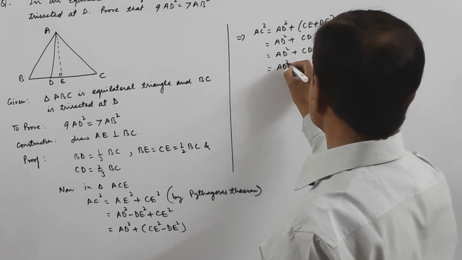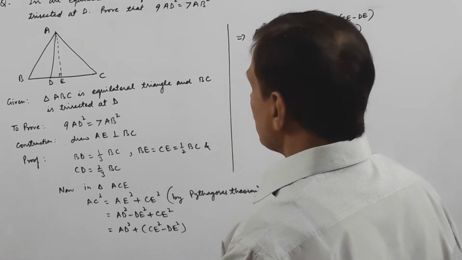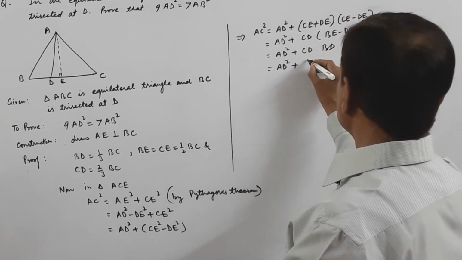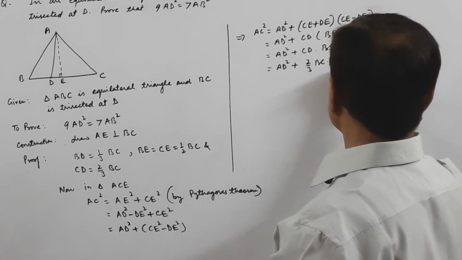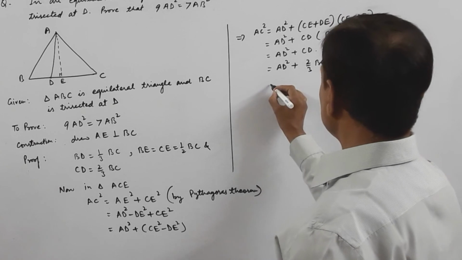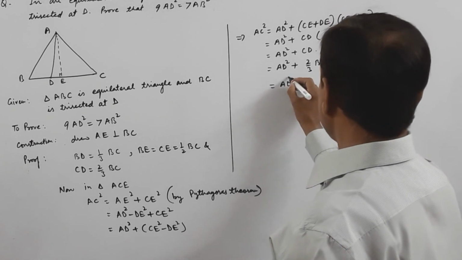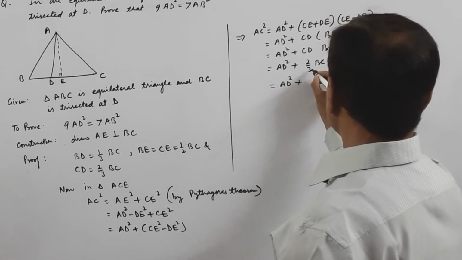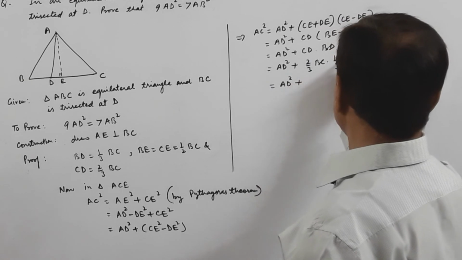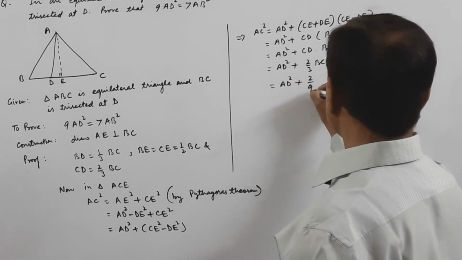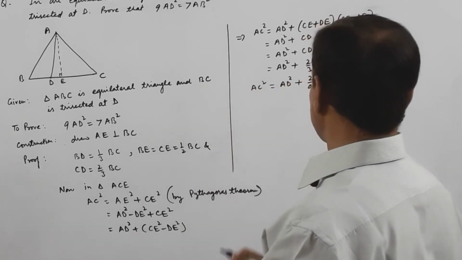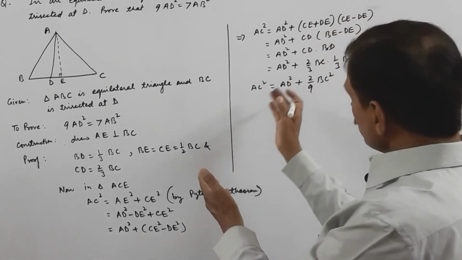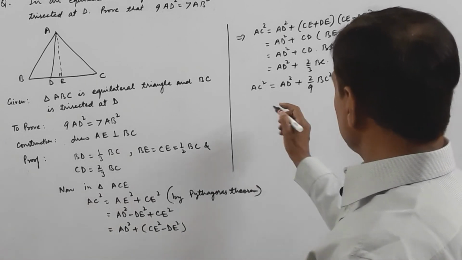This is equal to AD² plus CD is 2/3 of BC and BD is 1/3 of BC, so AD² plus 2/3 of BC into 1/3 of BC, that is 2/9 BC², that is equal to AC². Throughout we can multiply by 9.